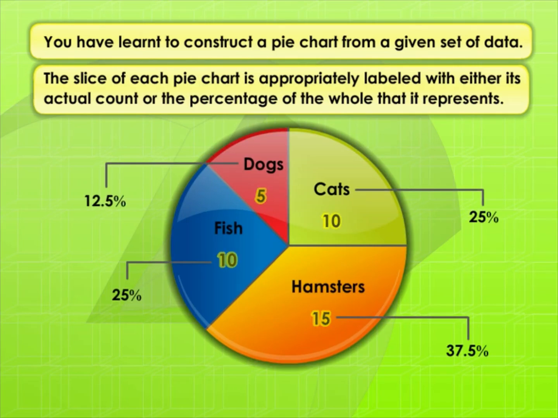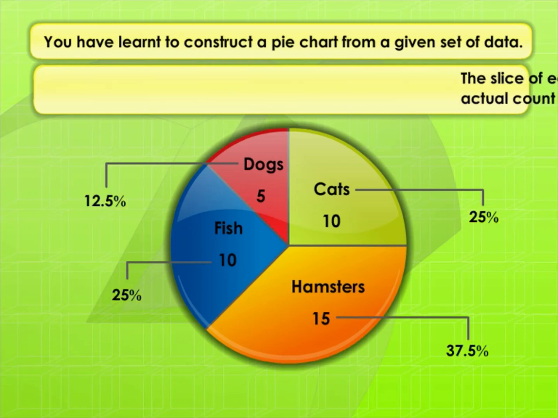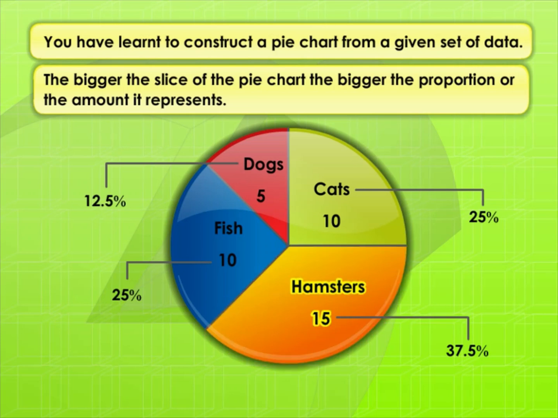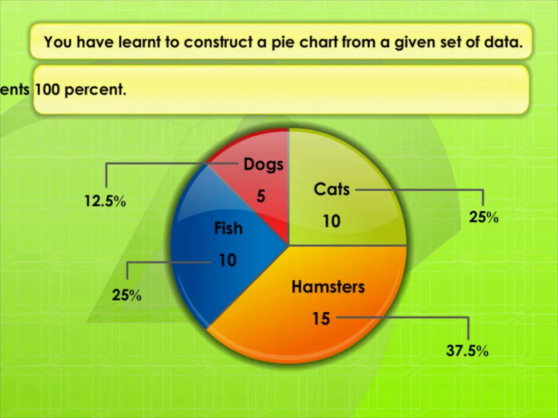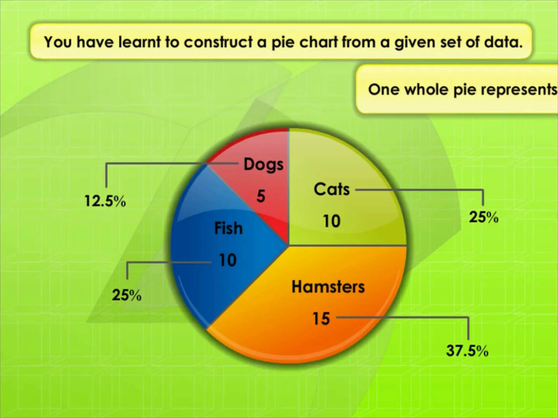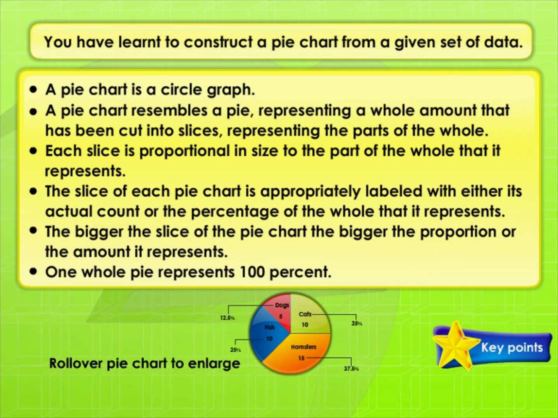The slice of each pie chart is appropriately labeled with either its actual count or the percentage of the whole that it represents. The bigger the slice of the pie chart, the bigger the proportion or the amount it represents. One whole pie represents 100%. Click on the Key Points button to learn more.